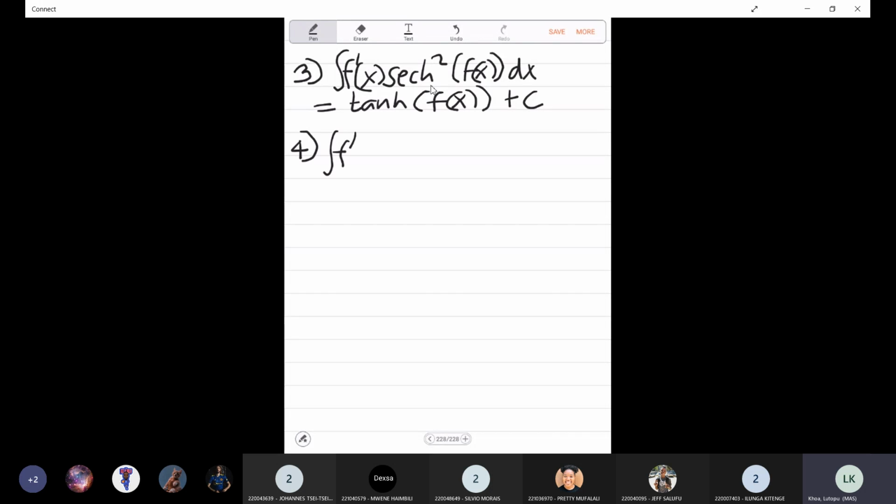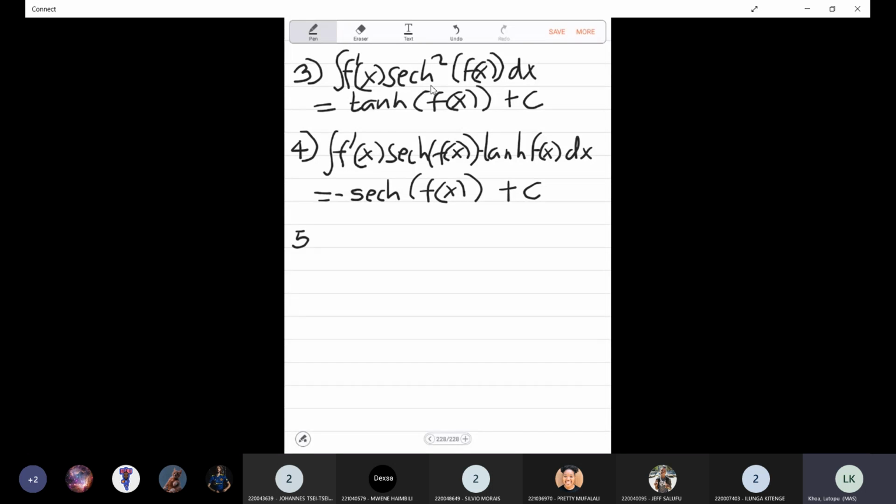Then when we have f prime of x multiplied by sech of f(x) tanh of f(x) dx, this is just negative sech of f(x) plus c, and then the integral of f prime of x, and then we have cosech of f(x), coth of f(x) dx.